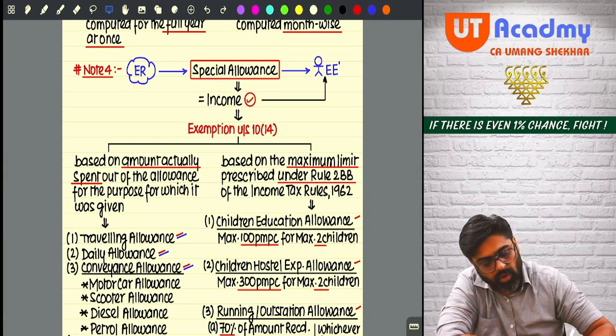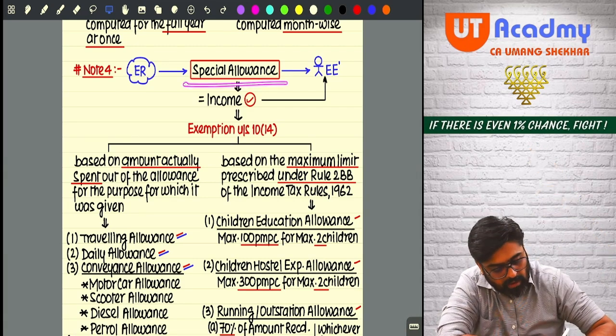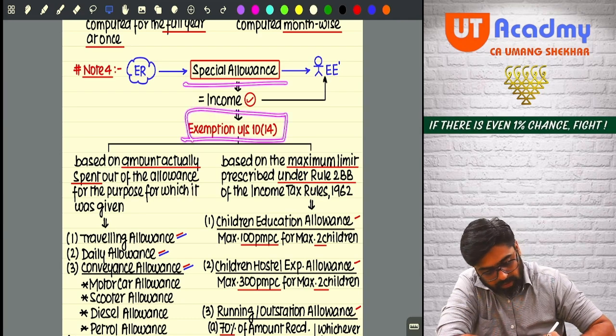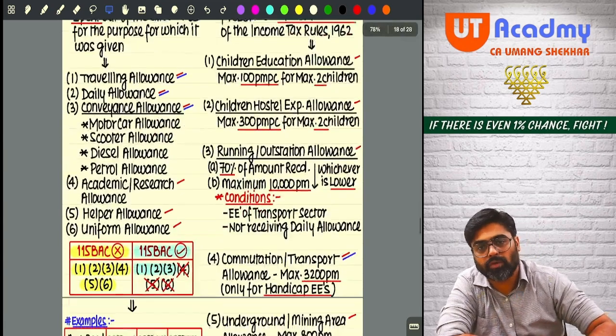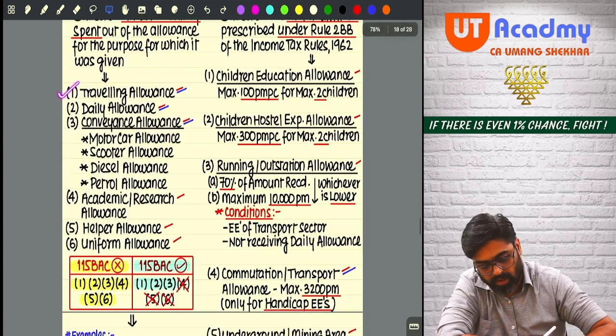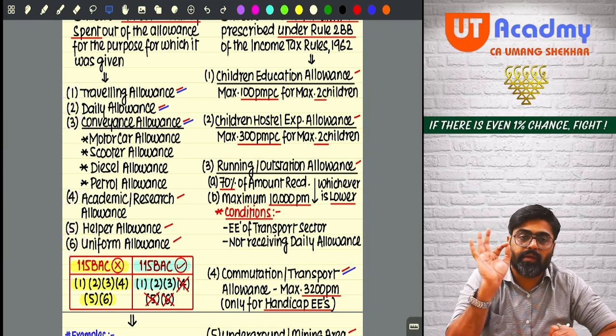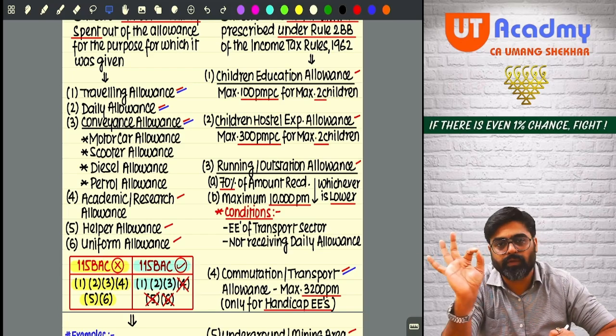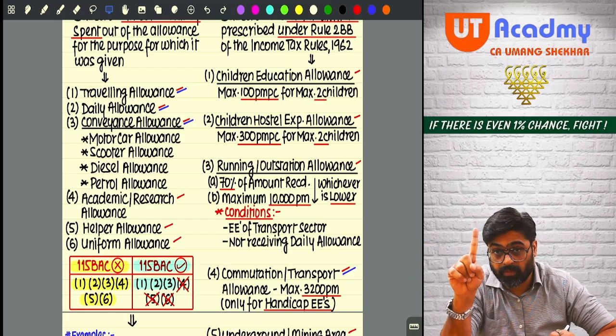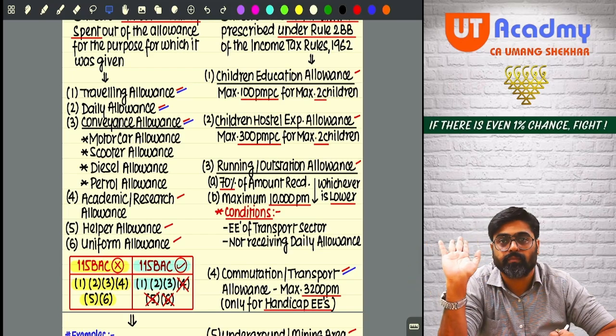So those special allowances will be exempt under section 10(14) based on the amount actually spent. What are those allowances? Please check the names. 1, 2, 3, 4, 5, 6. You have to remember all these names.